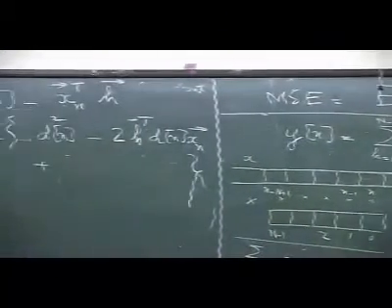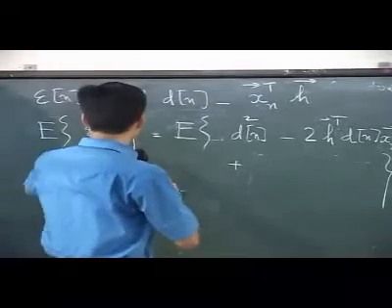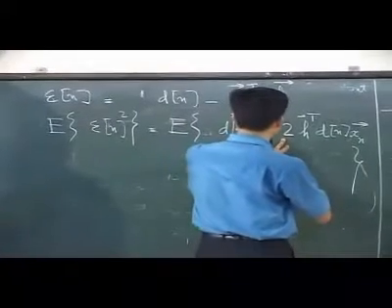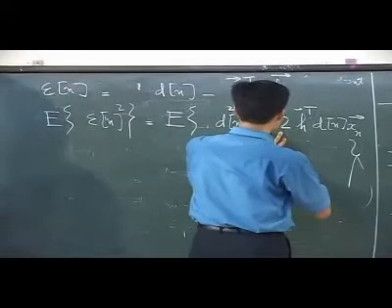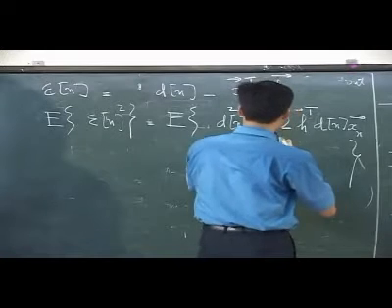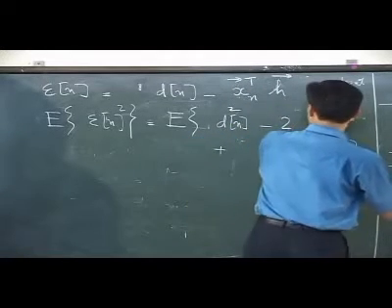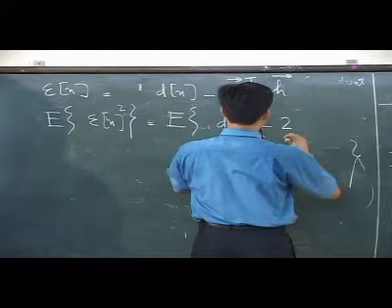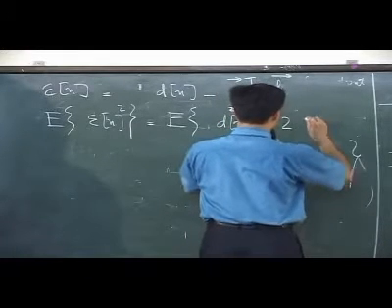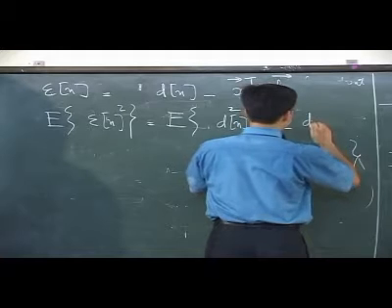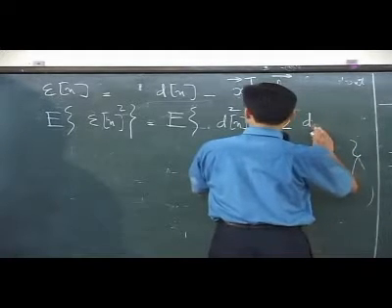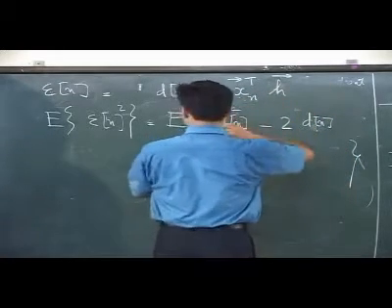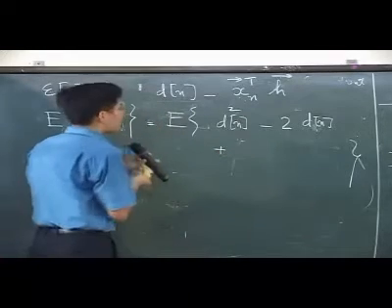Okay. And now when I multiply this thing squared, I get this squared 2 times, doesn't matter what it could be, but maybe I can write this equal to 2 times d of n multiplied. Okay.